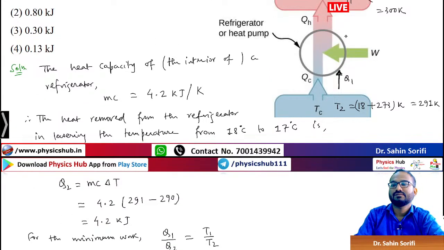Okay, this is Q2, this is Q1 and this is W. So W is equals to how much? Q1 minus Q2.